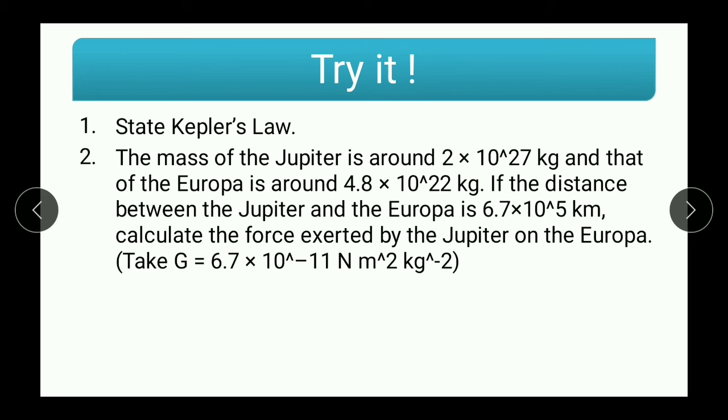If the distance between Jupiter and Europa is 6.7 into 10 raised to 5 kilometers, calculate the force exerted by Jupiter on Europa. The value of capital G is the same, 6.7 into 10 raised to minus 11 Newton meter square per kg square. You have to find the gravitational force exerted by Jupiter on Europa.